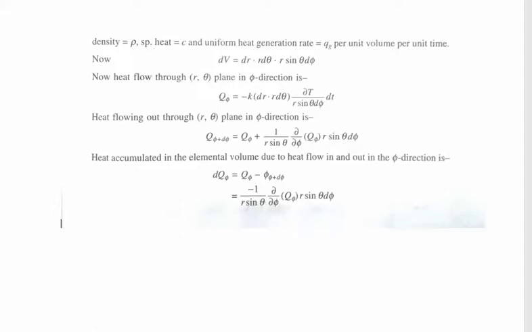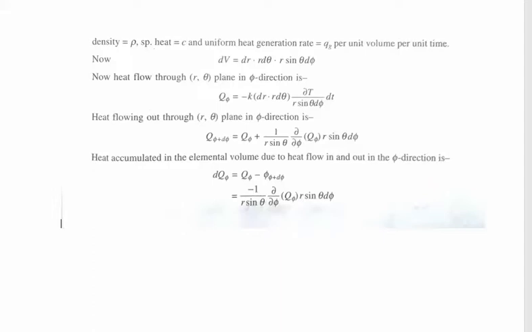Now take the heat flow through the r and theta plane in the phi direction. The heat flow through the phi direction is equal to minus k into dr r d theta into (1 by r sin theta) ∂T/∂phi.